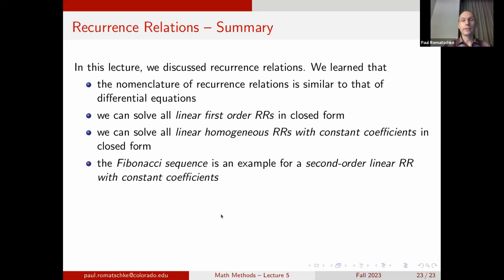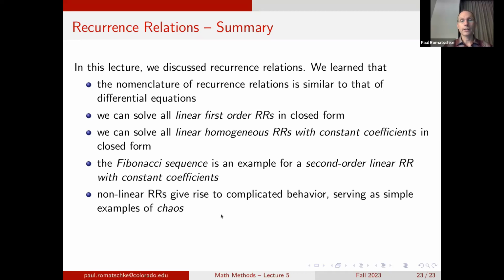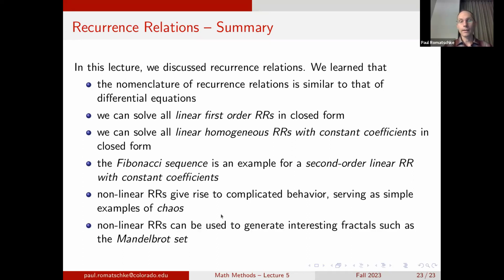We discussed the Fibonacci sequence as an example of second-order linear recurrence relations with constant coefficients. And we discussed that nonlinear recurrence relations give rise to complicated behavior, serving as simple examples of chaos. And finally, I talked about nonlinear recurrence relations generating fractal structures such as the Mandelbrot set.